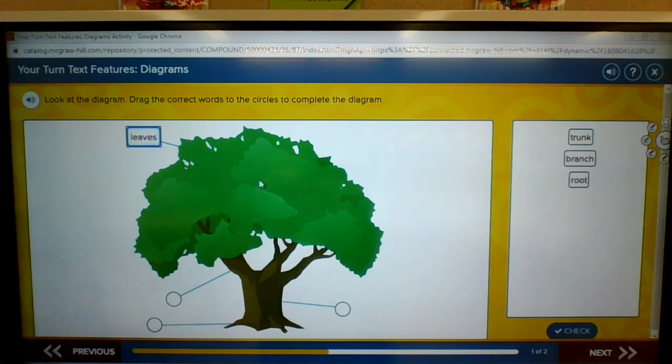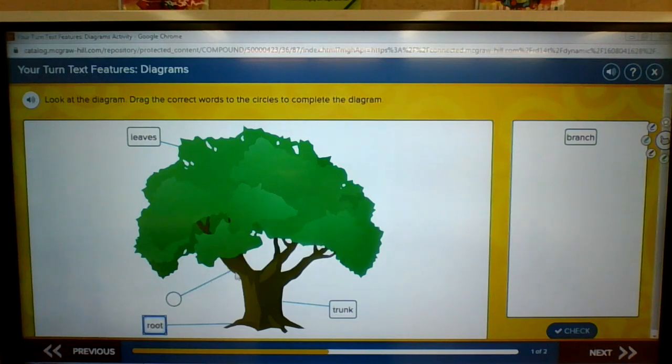There we go. Okay, how about this one over here? Can you see my arrow? That is pointing to either the trunk, the branch, or the root. Right here. Yes, that is the trunk. Okay, down here at the bottom, underground, would that be the branch or the root? Yep, that would be the root.